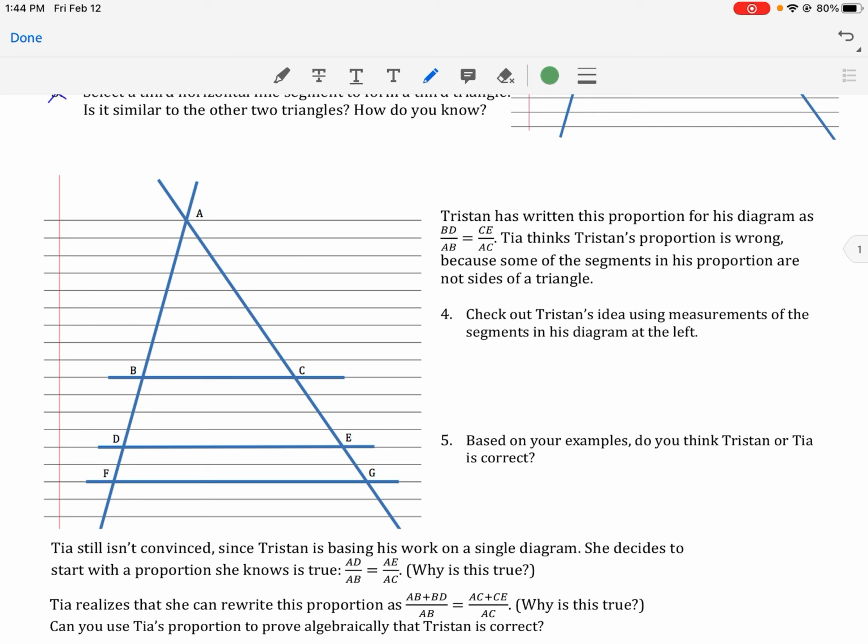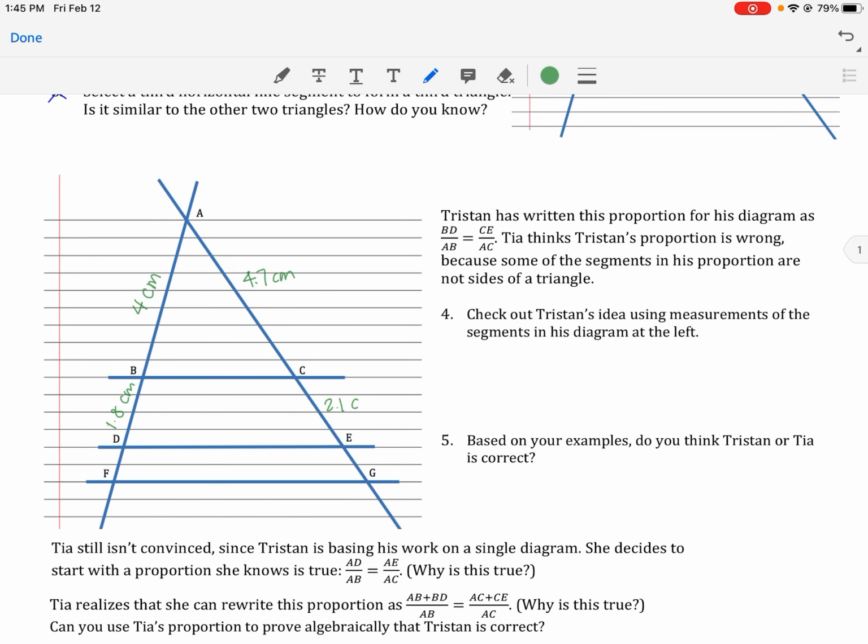This side was 4 centimeters, and this was 1.8 centimeters. Then this was 4.7 centimeters, and this was 2.1 centimeters.